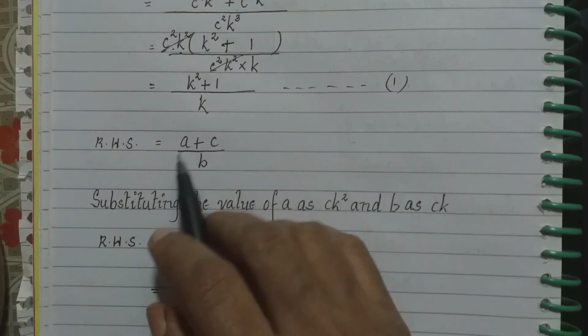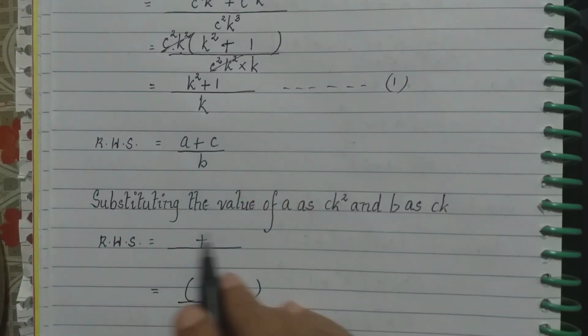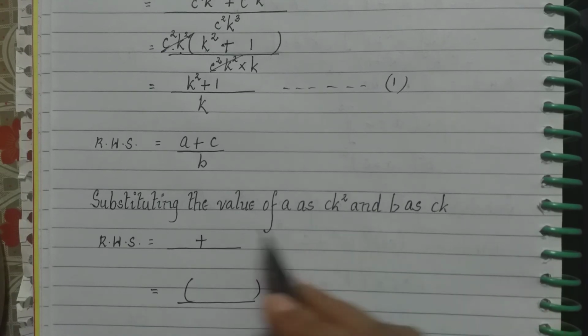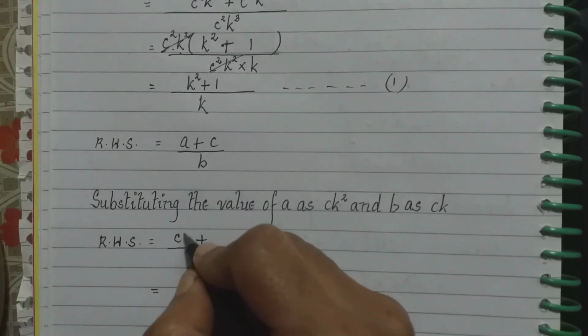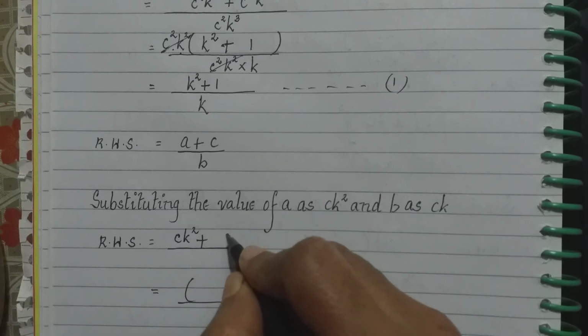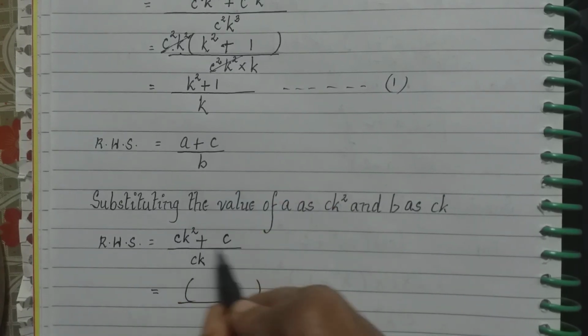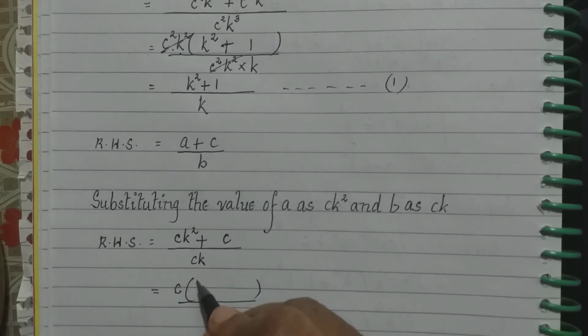Going to the right hand side, a plus c upon b. Again substitute the value of a as ck square and b as ck. A will be ck square. C is c itself. B is ck. What is common in these two? C. What is left then? K square plus c is out.